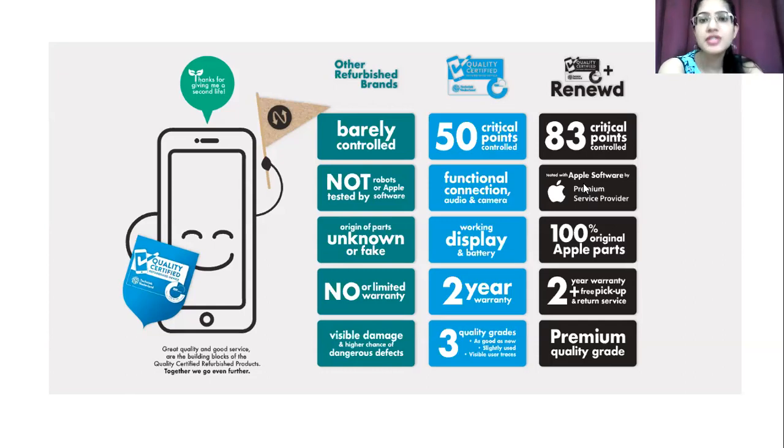Then the operating system: what kind of operating system it is using, and is it working properly or not. Then comes another factor, the internal RAM, internal storage capacity, and internal parts like whether connectivity is there or not, and whether the microphone is working or not.